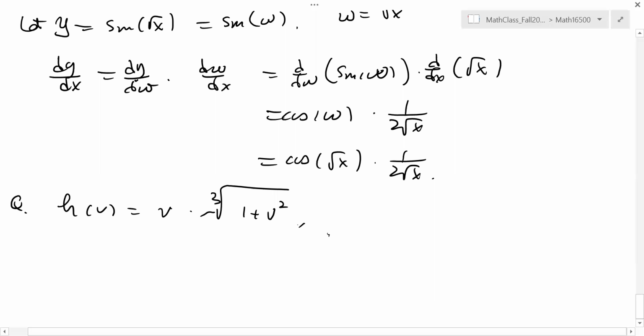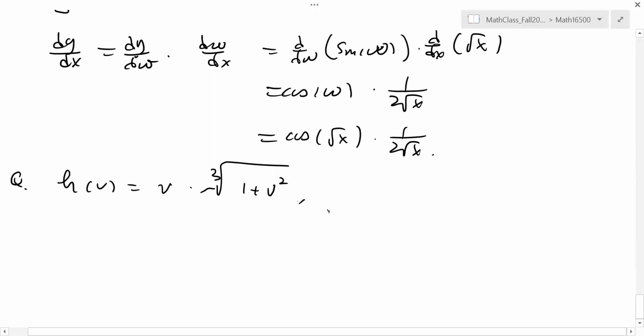How to do this problem? Use the first step, find the derivative. You can use the product rule, right? So that's the product of two functions.